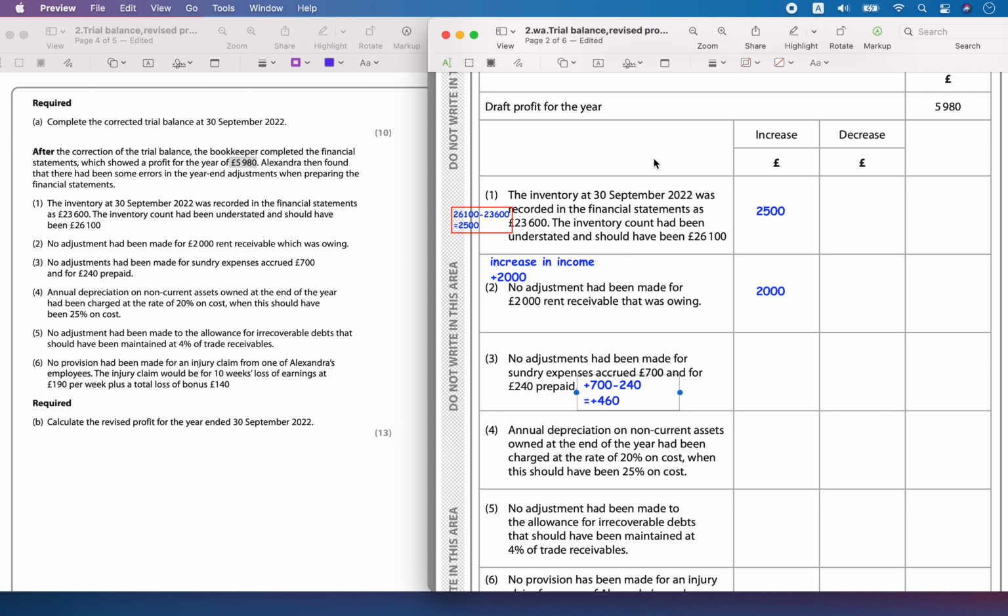This is regarded as an increase in expense. So when there is an increase in expense, it is going to cause a decrease in profit by the same amount, 460.